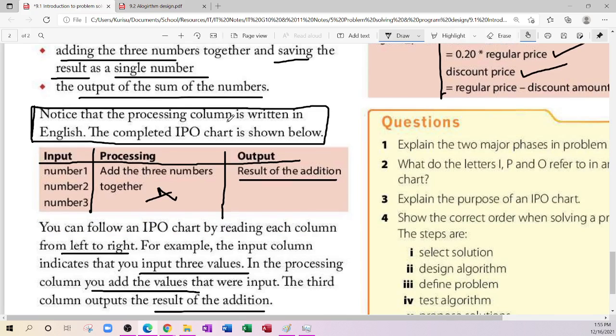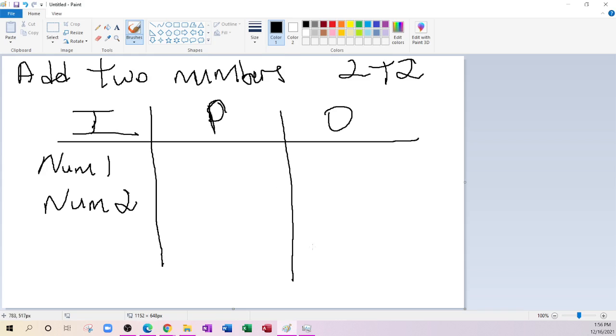Notice that the processing column is written in English. Now this IPO chart, there is no standard. You are basically writing it based on how you can understand it. So, for example here, you could simply say 2 plus 2. Or, you can say add 2 plus 2.